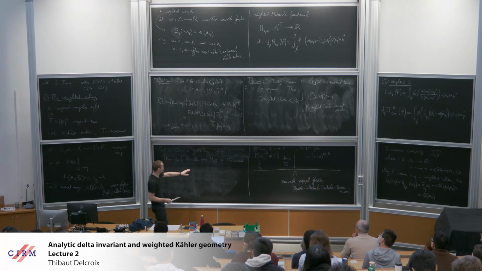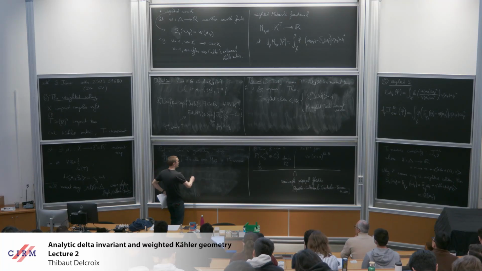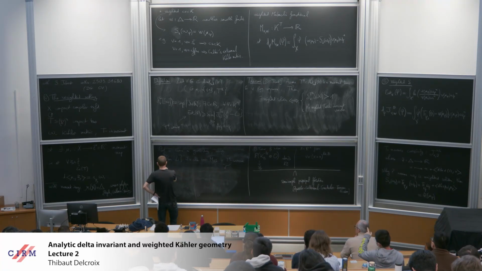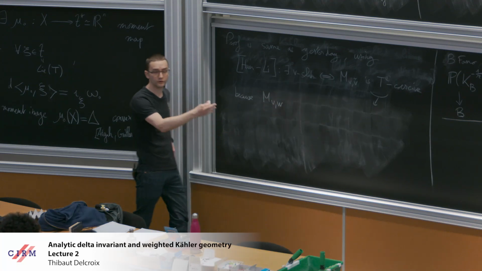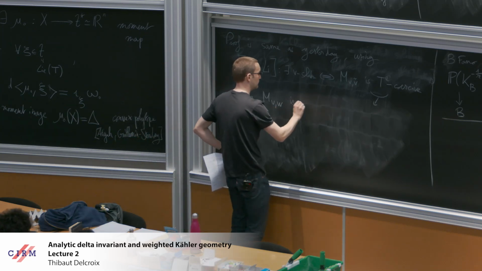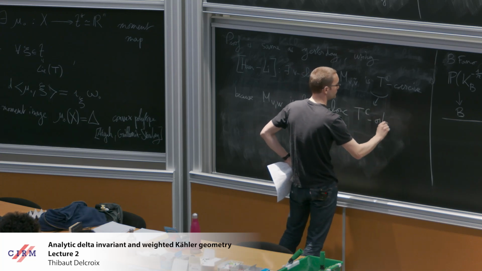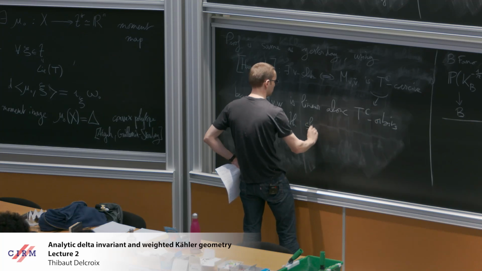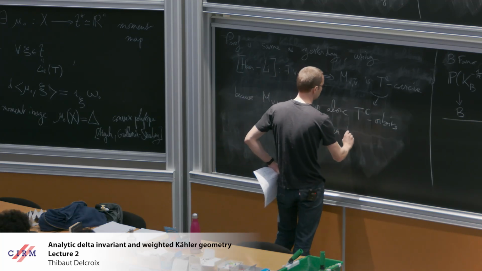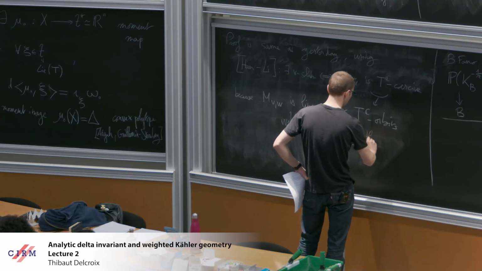But why do we have to consider this TC coercivity? That's because the functional M_VW in general is linear along TC orbits with slope given by the weighted Futaki invariant.